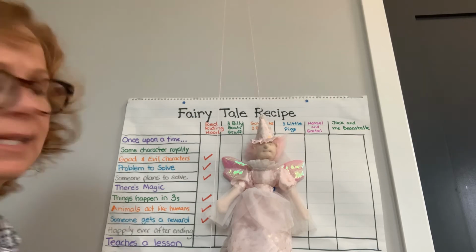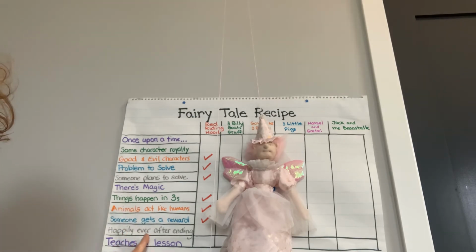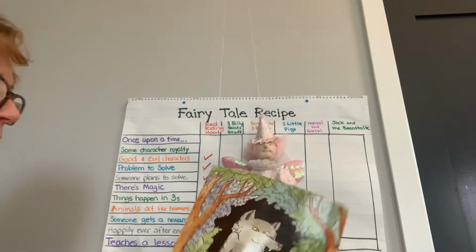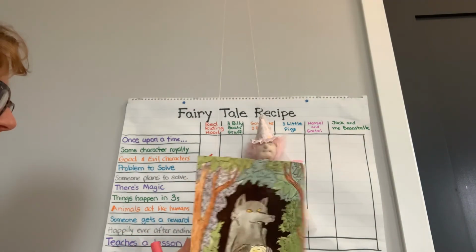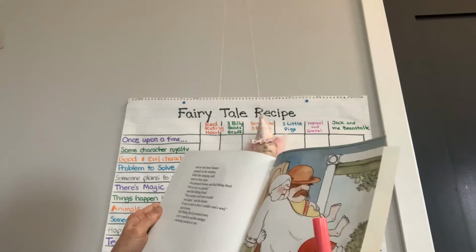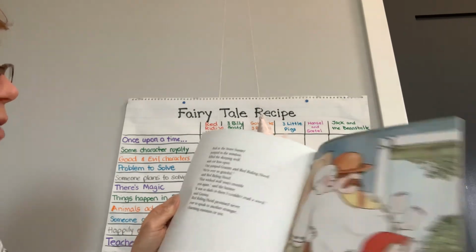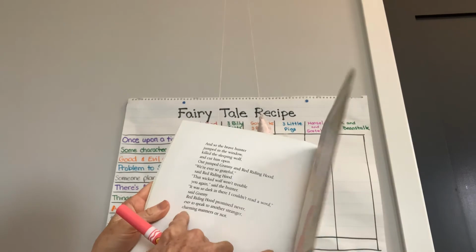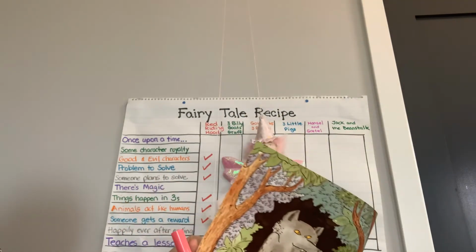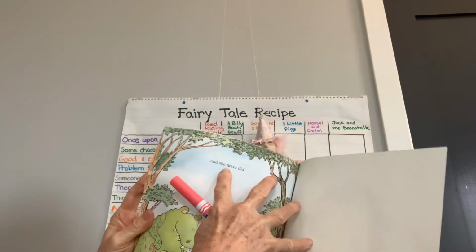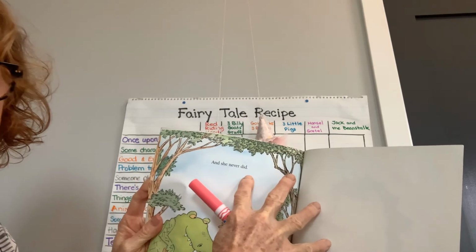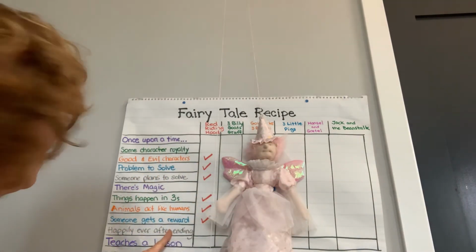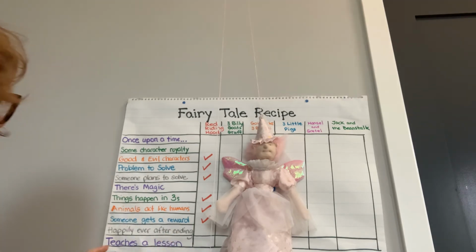Next one is, there's a happily ever after ending. So let's see. Little Red Riding Hood promised never ever to speak to another stranger, charming manners or not, and she never did. No, I don't see a happily ever after ending.